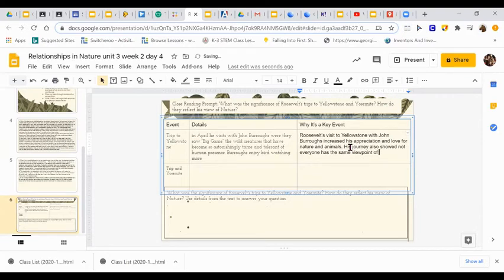Viewpoint of animals, right? Because John Burroughs was like, yeah, I like the birds better. Okay. So Roosevelt's visit to Yellowstone with John Burroughs increased his appreciation and love for nature and animals. His journey also showed not everyone has the same viewpoint for animals. Okay.